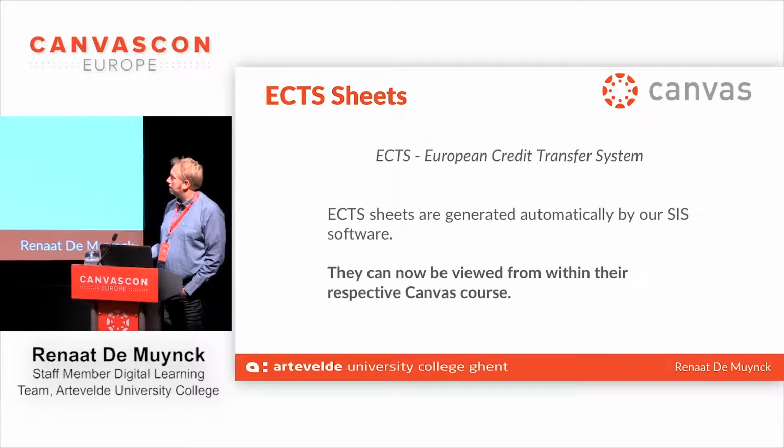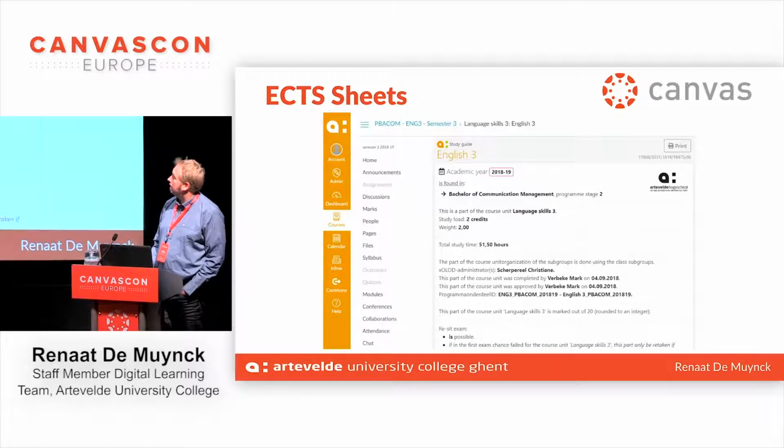Each course has its own sheet, but the SIS software doesn't have LTI compliance, so we wrote a small tool that takes the data from Canvas and transforms it into a link that will redirect to the appropriate ECTS sheet. This is how it looks in the course.